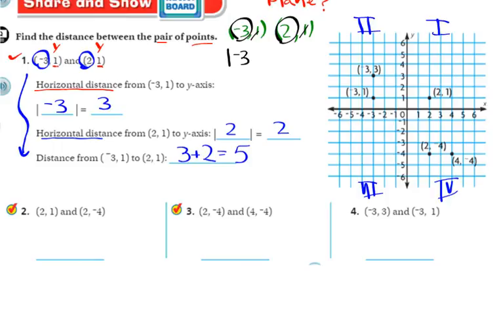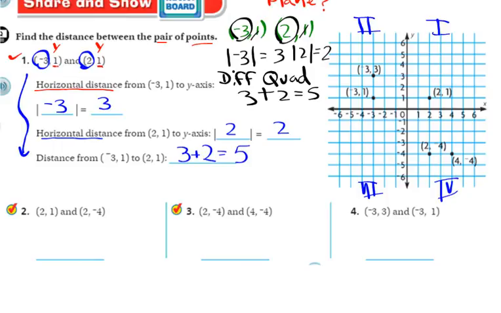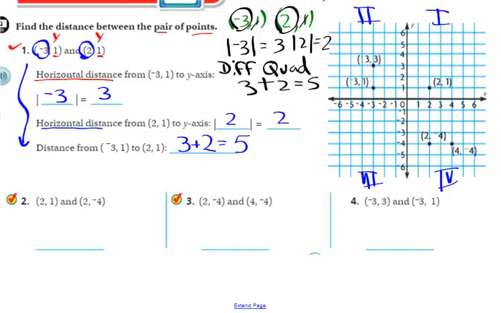I take the absolute value of the -3, I get 3. I take the absolute value of the 2, and I get 2. And I say to myself, are they in the same quadrant or are they in different quadrants? If they are in different quadrants, we will always add. So 3 plus 2 equals 5. If they would have been in the same quadrant, we would have subtracted. Same, subtract.